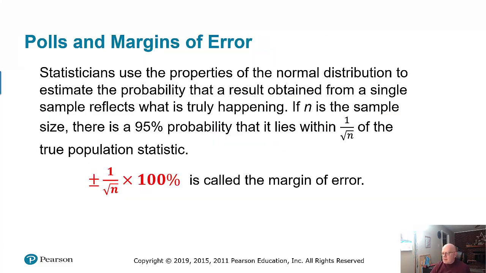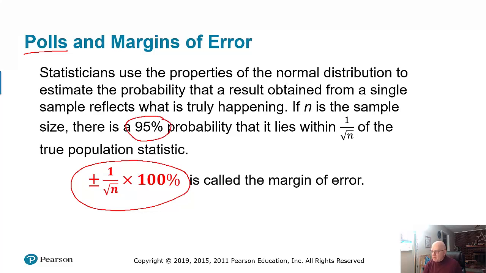Now, this is what you hear, especially during election times, margins of error. And here is a margin of error that's sort of a quick one. This is for the 95th probability. If you talk about the 95th probability, we're trying to be correct 95% of the time. This will give you your margin of error. What does this mean?